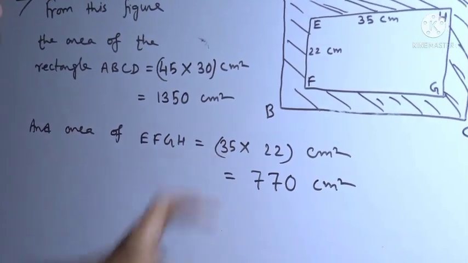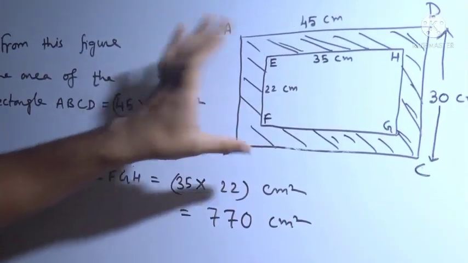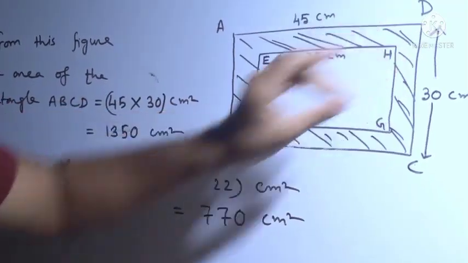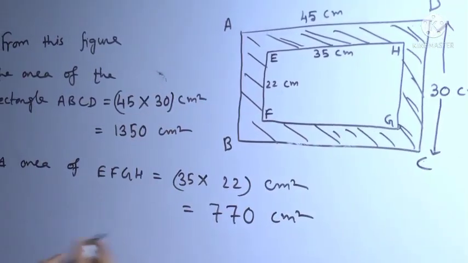Now we have to find the area of the shaded portion, that means we have to subtract the small rectangle from the big rectangle to get the area of the shaded portion.